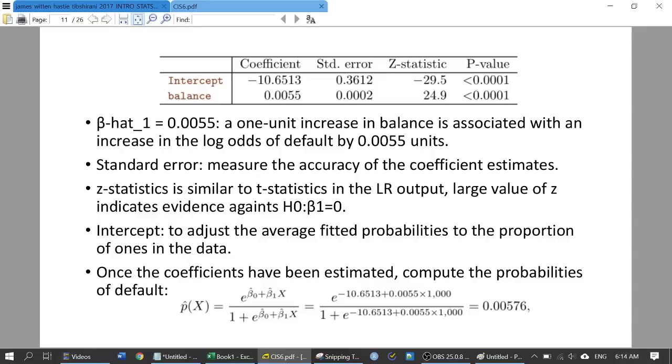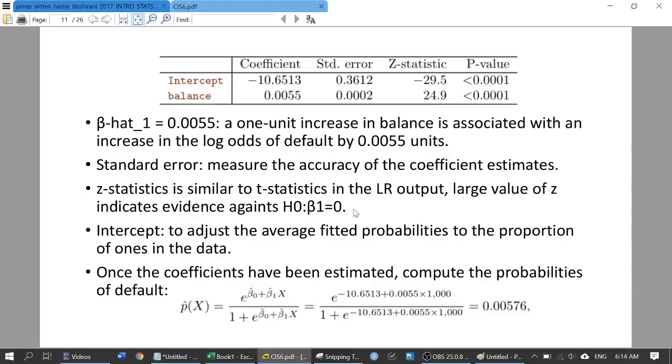The standard error measures the accuracy of the coefficient estimates, and the Z statistic is similar to the t statistic in the linear regression output. A large Z value indicates evidence against the null hypothesis. The Z statistic is very big compared to the standard error, which is very small, so we expect the p-value to be very, very low.